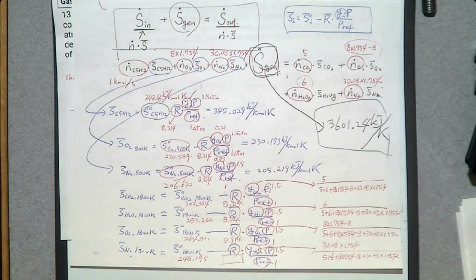So the key is, if you are not able to determine the balanced reaction equation, you cannot solve the energy balance equation or entropy balance equation. So you should be very careful when you determine the balanced reaction equation.